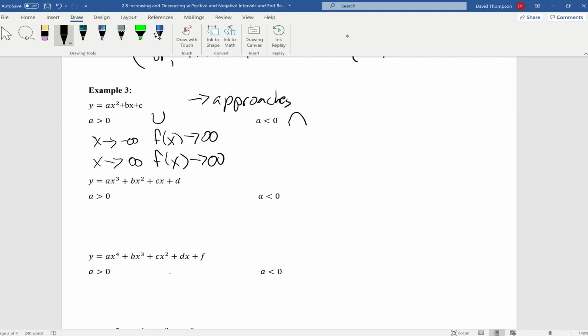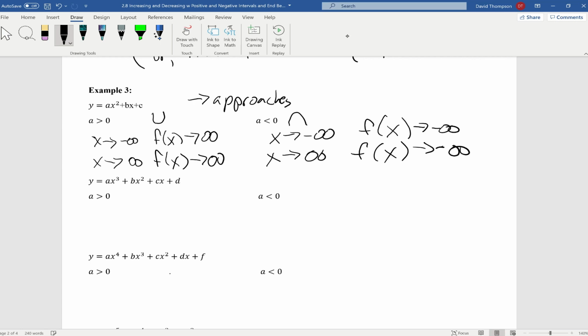Now, for when a was less than 0, we just write x approaches negative infinity, f of x approaches negative infinity. As x approaches positive infinity, f of x approaches negative infinity. So this section right here is going to be consistent for every sentence we write about this. What's going to change is these f of x's.